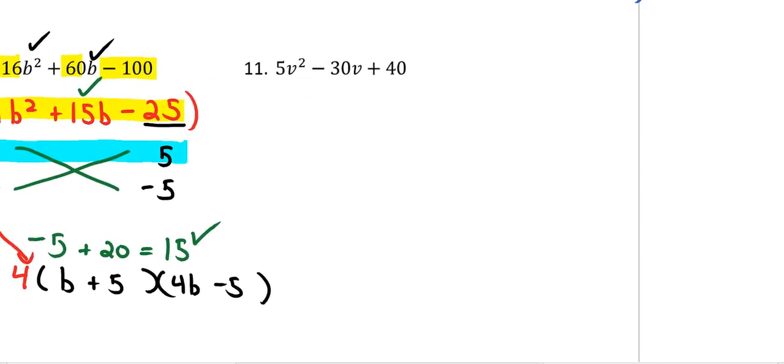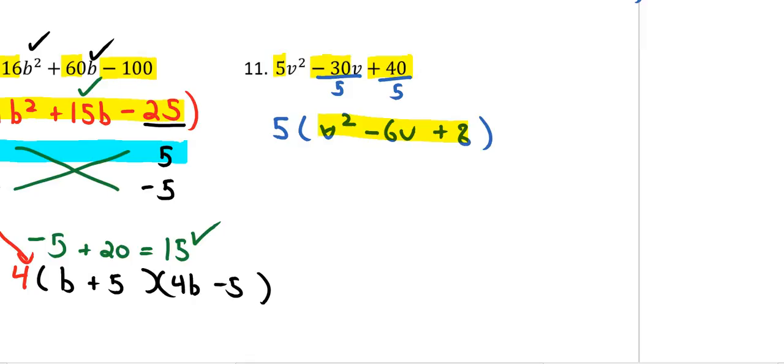For question number 11, we kind of luck out again because I can take out a 5, because 5 is common in all three terms. If I take out a 5, I have b squared, negative 30 divided by 5 is going to be negative 6b, and 40 divided by 5 is going to be positive 8. This polynomial right here is a little bit easier to factor because I need two numbers that multiply to 8 and add to negative 6.